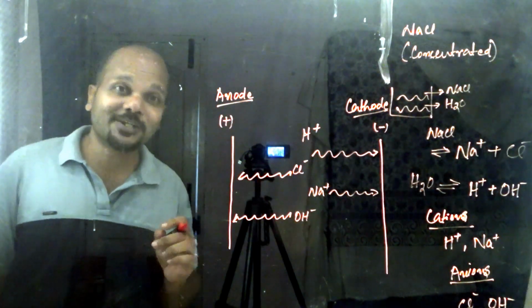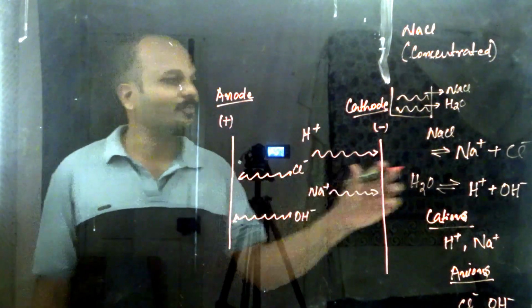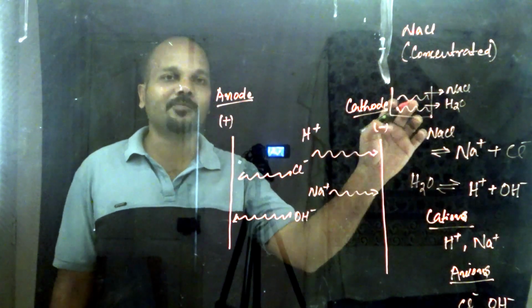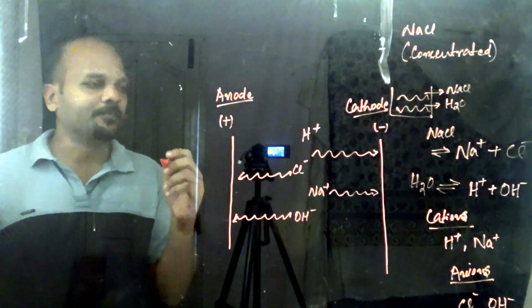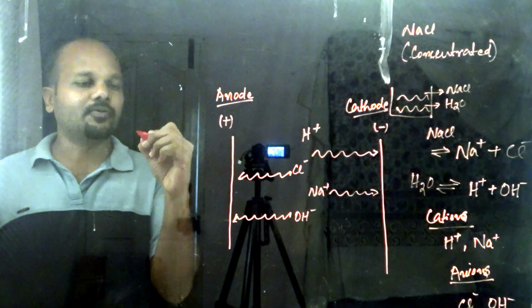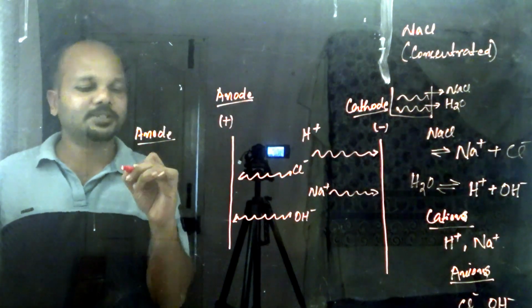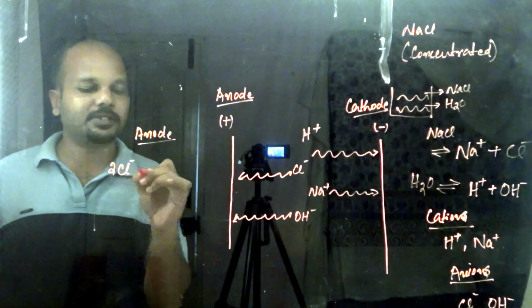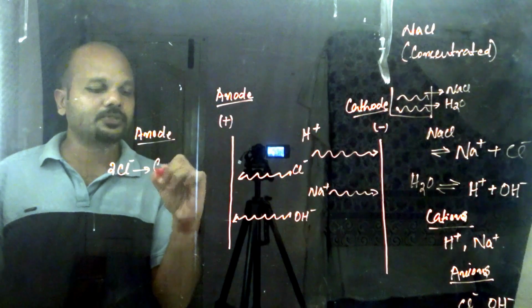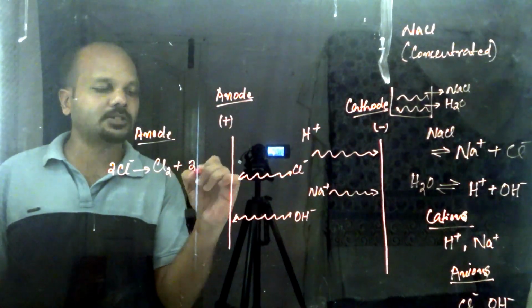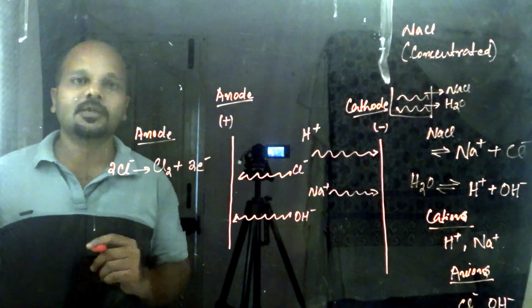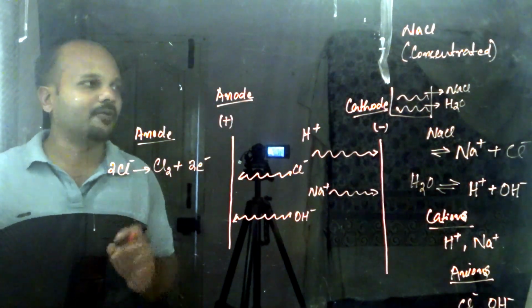When it is a concentrated solution, the amount of Na plus and Cl minus will be more in the solution. So when Cl minus reaches the anode, it changes into Cl2 and releases 2 electrons. This happens at the anode.